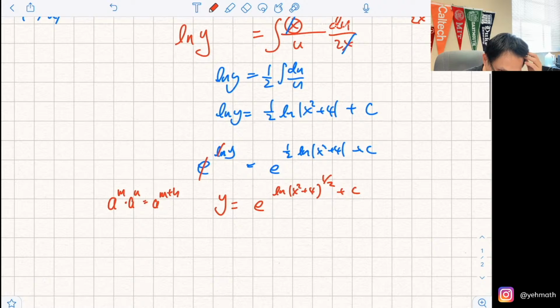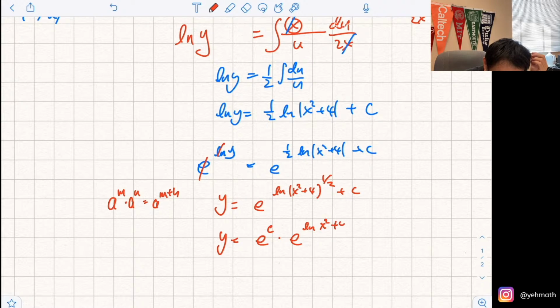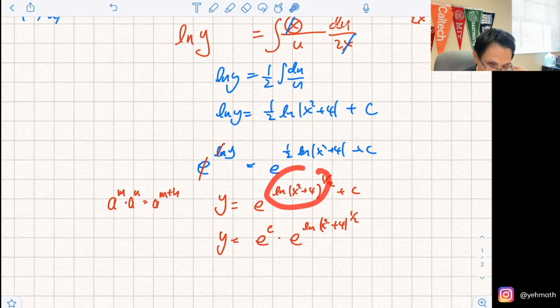Why is that important? Because y equals e to the c times e to the ln of (x squared plus 4) to the 1/2 power. Why is e to the c important to place in the front instead of at the end? Because that's an exponential rule, because there are two terms.